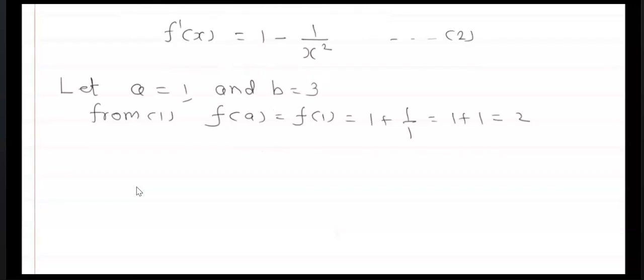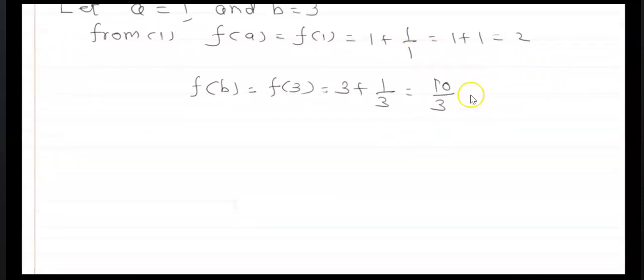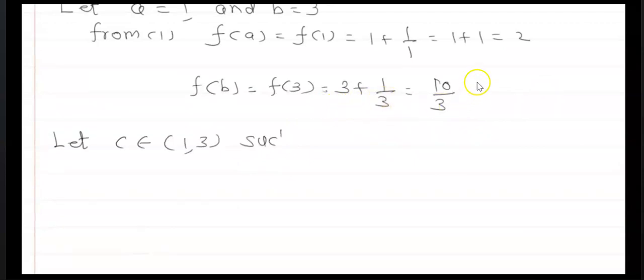Their values: f of a is f of 1, that is 1 plus 1, 2. f of b is f of 3, that is 3 plus 1 upon 3, that is 10 upon 3.